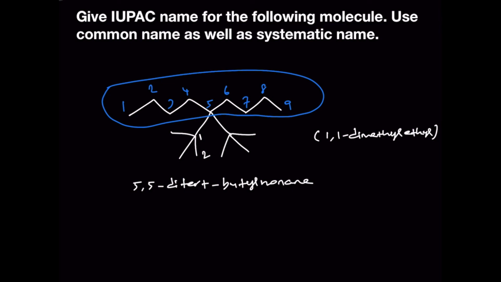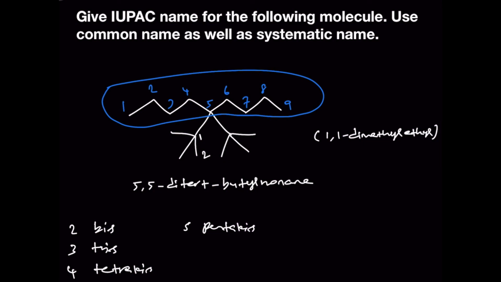But now, we cannot use di in this case. When we are using a complex substituent and giving the systematic name, the prefix that we have to use is bis. If we have 2 groups, bis; if we have 3 groups, then tris; if we have 4 groups, then tetrakis; if we have 5, pentakis, and so on and so forth.